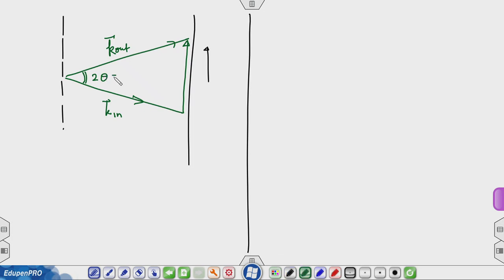So, this is where we see a bright spot. Then what you have because of this is, and this is k, that k by 2 equals k in or k out mod sine of theta.